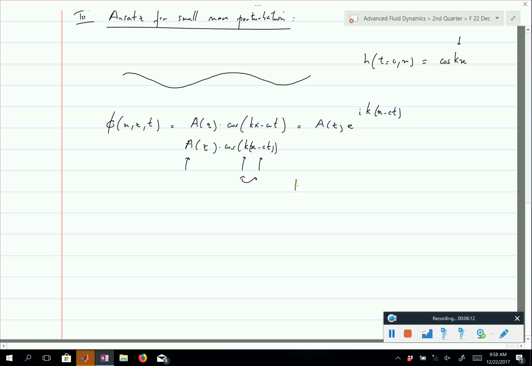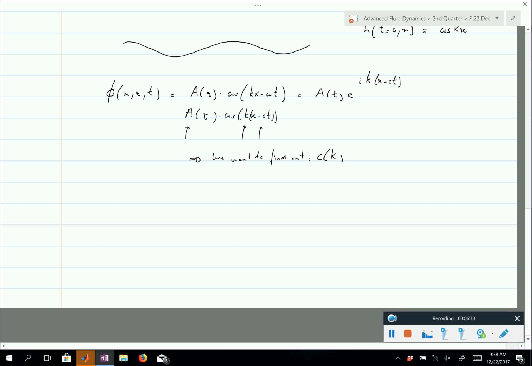We are aiming for c as a function of k. This is what we want to find out. Okay. Good.